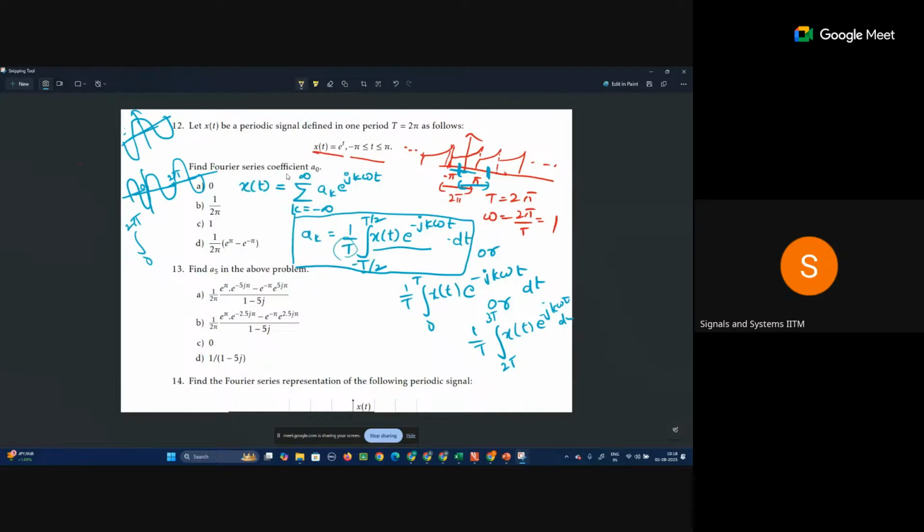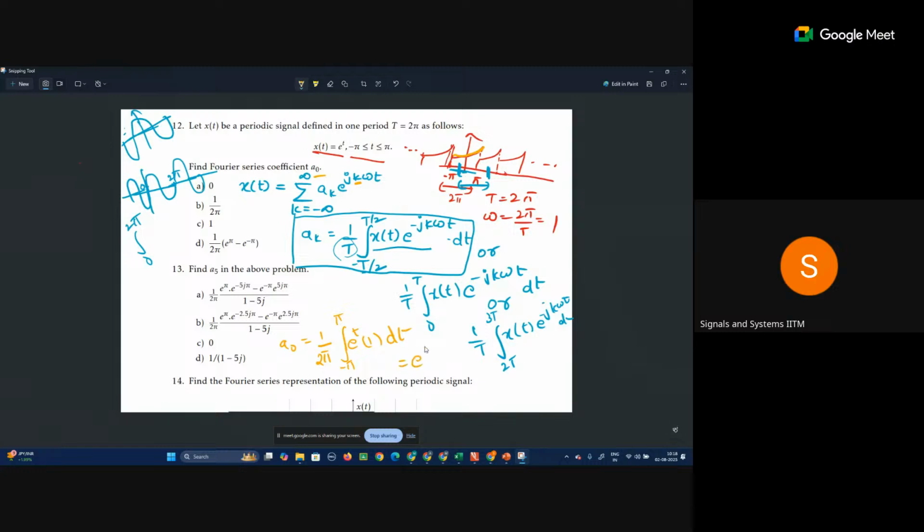So now they are asking us to find a naught. The time interval is 2 pi, so we'll be considering the integral from minus pi to pi. From minus pi to pi, it is e power t, and we will be substituting 0 in terms of k. So e power 0 will be 1 and dt.